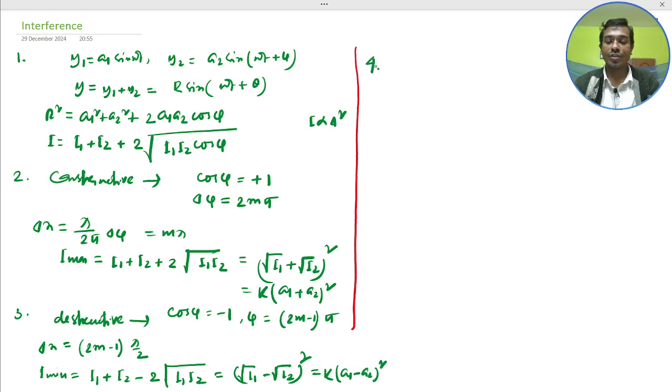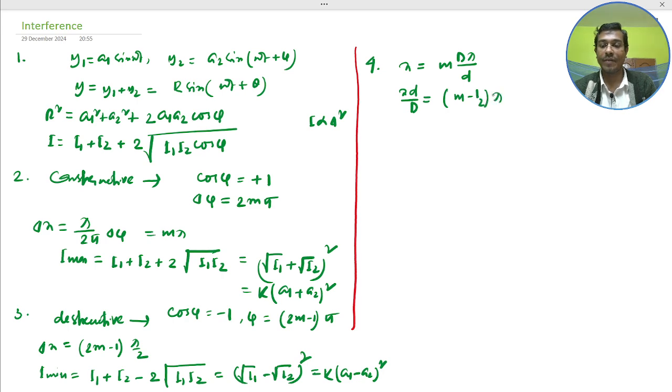Next one, Young's experiment. In Young's experiment, the distance of the m-th bright fringe, x equals m lambda D by d, and for the dark fringe x equals (m minus half) into lambda D by d.